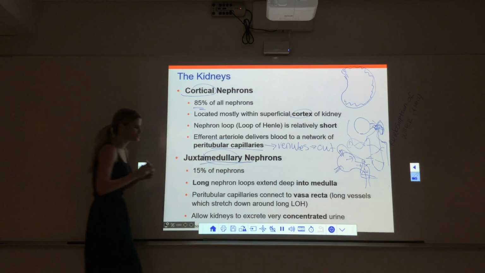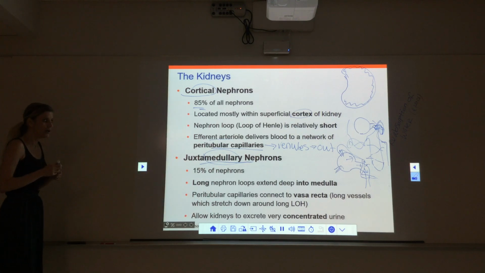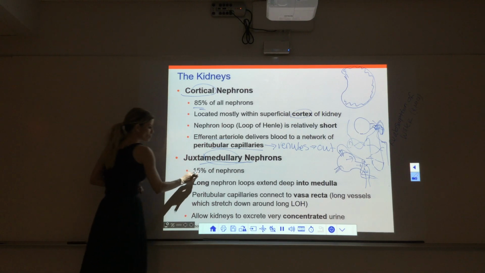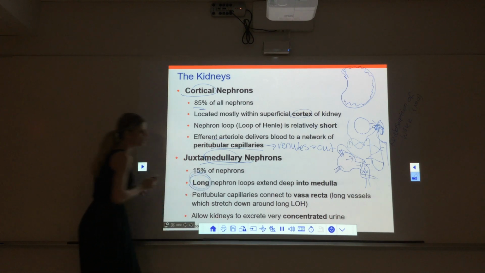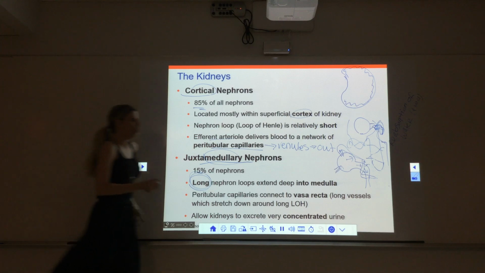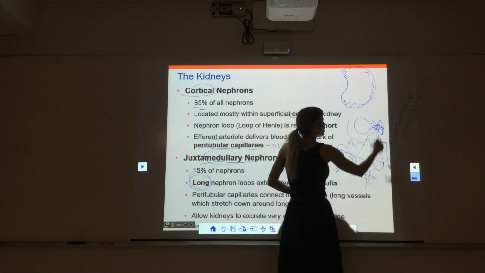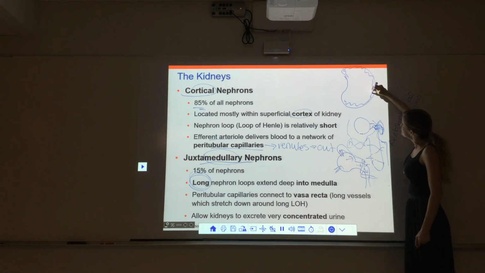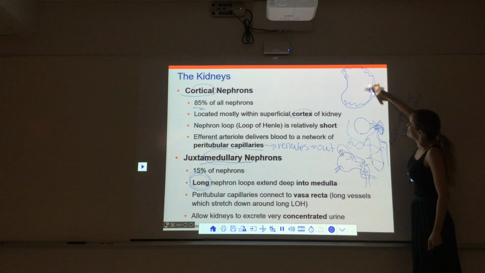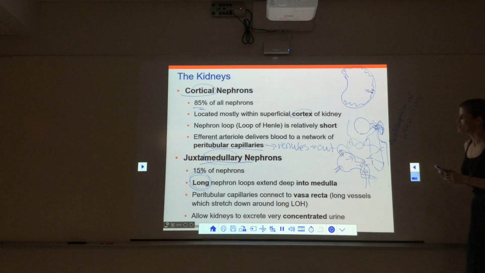Juxtamedullary nephrons are weird. Medullary, because we're involving more of the medulla. Juxtamedullary nephrons are more rare, and when we look at them, they have a very long loop of Henle. The loop of Henle is much longer, so it drops down into the medulla more. So instead of just being like this, it's like this, not that long, but it drops way down more into the medulla.